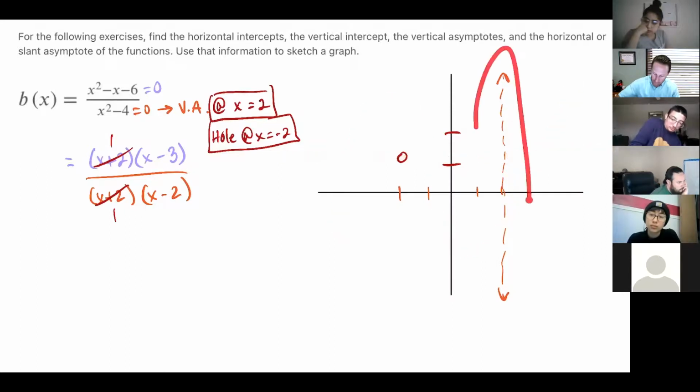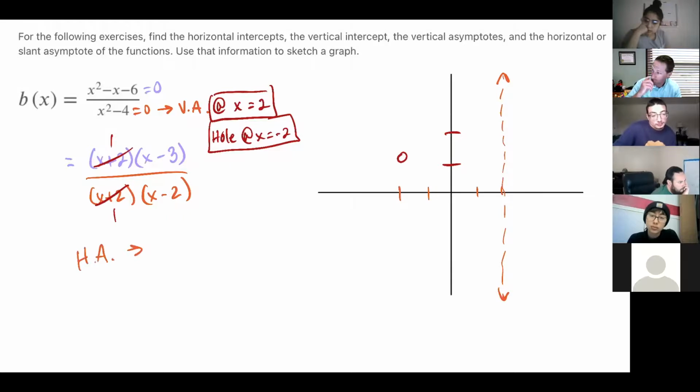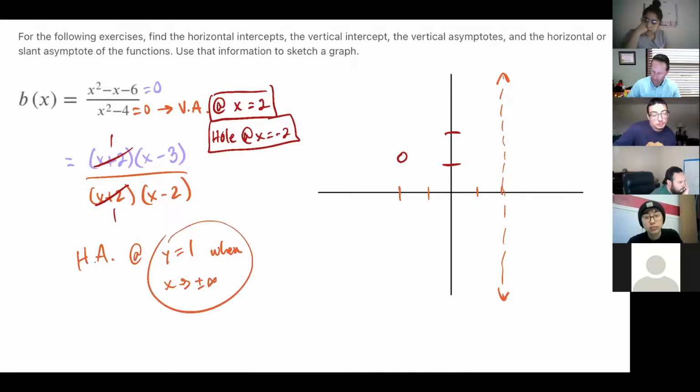Okay? You'll never cross through here. That's what that's saying. But the horizontal asymptote we just found were what? That means way out here and way out here.